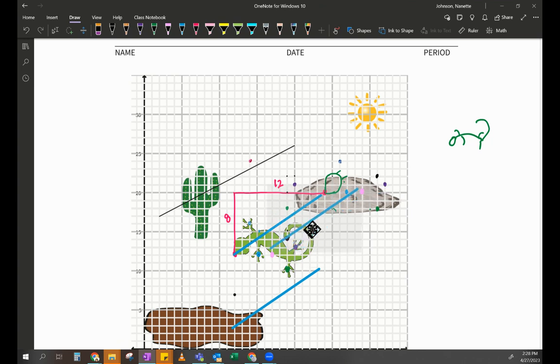Let's see, can I do this? Yeah, it's not letting me. Let's see if I can do one more. Okay, I guess I just have to do it like that. See how I connected his hand to his hand?